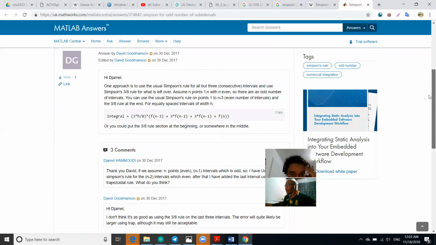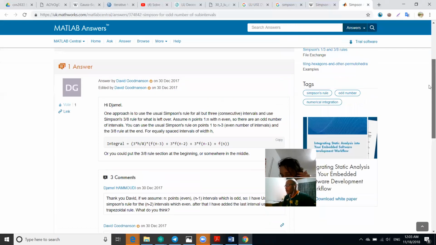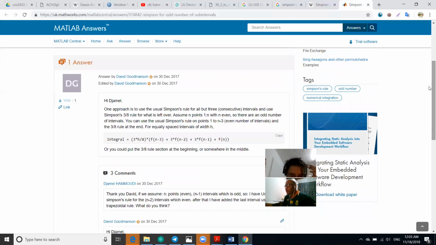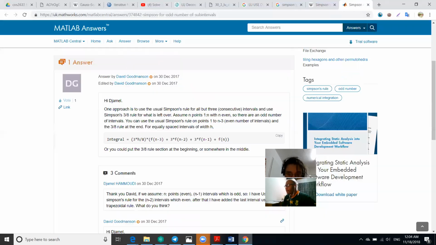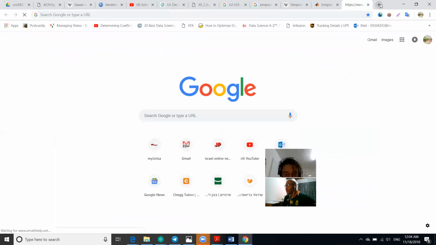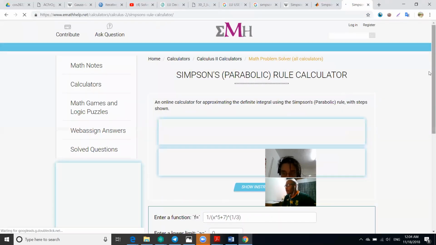Was it in your Edge? Where you were doing the calculations before you jumped into Google. Chrome? Oh, yes. Let me get that. Just take the URL and then paste it.